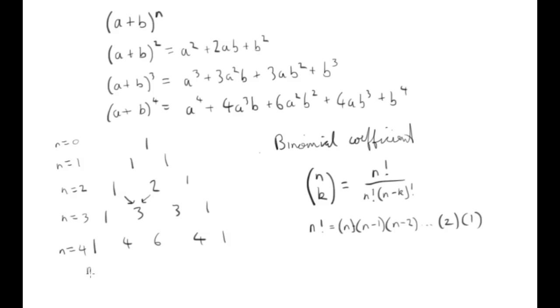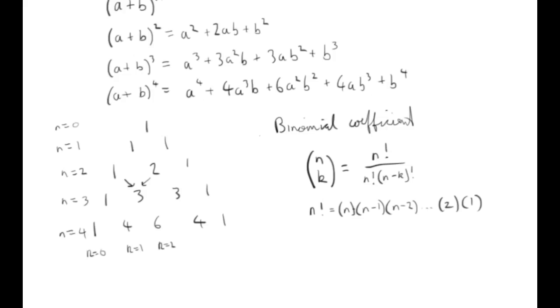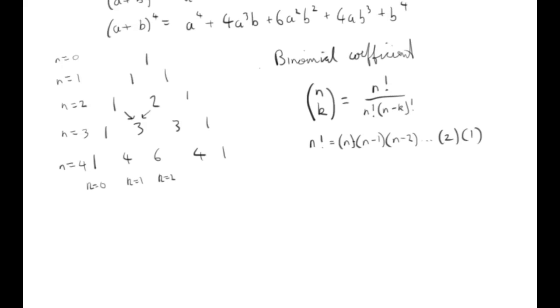So for example, that's k equals 0, k equals 1, k equals 2, etc. Okay, so as you can see, we can use binomial coefficients to calculate the coefficients of all of these terms. Just to show you a quick example, what happens if I have 4 choose 2, or 4 and 2?